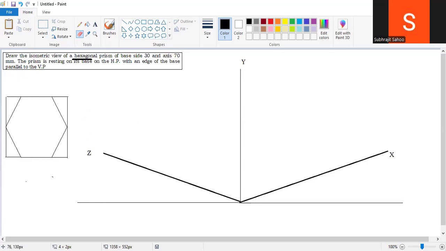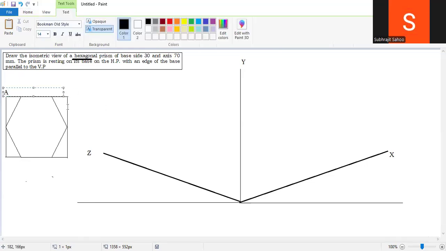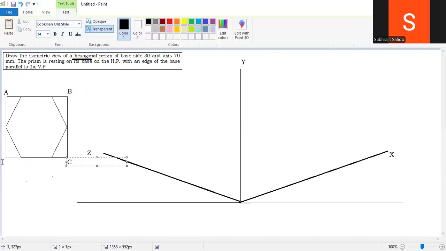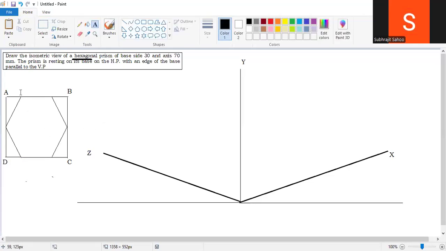So now what I will do, sir, first you give the name A, capital letter A, B, C, D. Observe carefully, very important. So this point also here, and this is a point. This point, this point, this point, give names, sir.